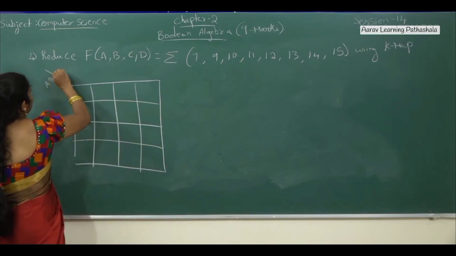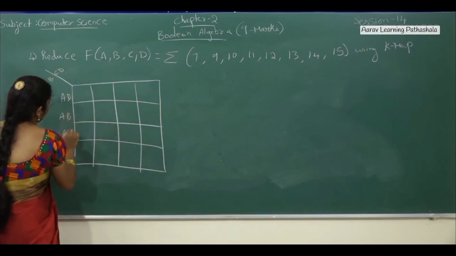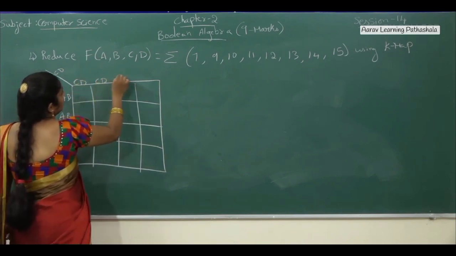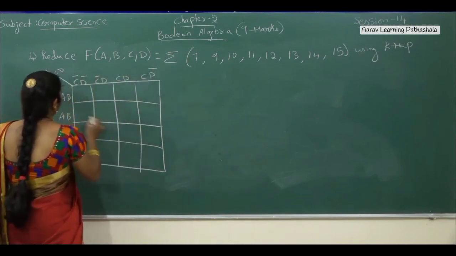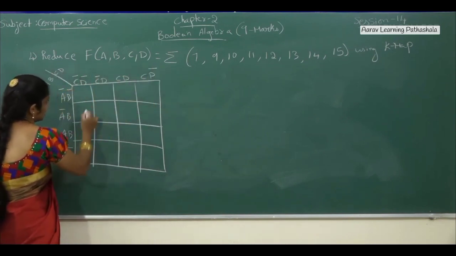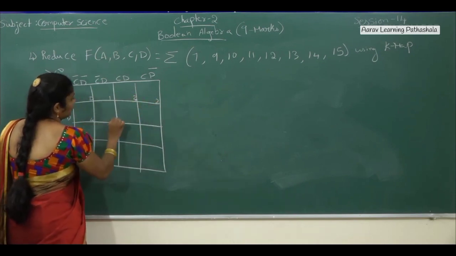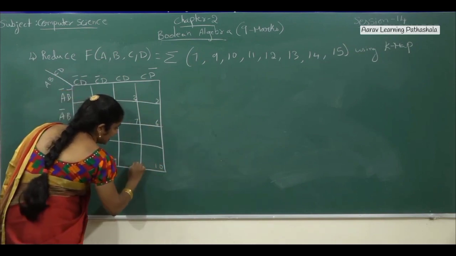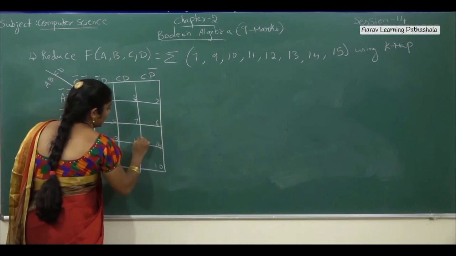A, B, C, D. A, B bar, and so on for the row and column headings. For the first 3 it will be bar, and then for the last one, first 3 and then last. 0, 1, 2, 3, 4, 5, 6, 7, 8, 9, 10, 11, 12, 13, 14, 15.